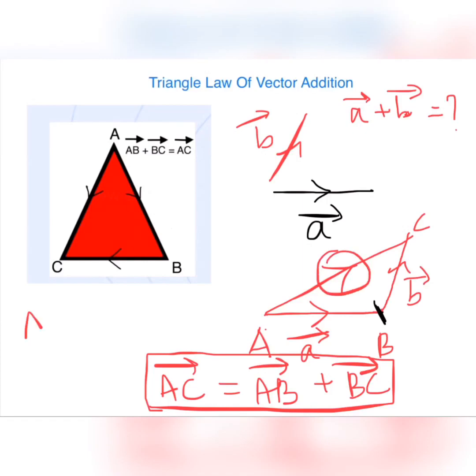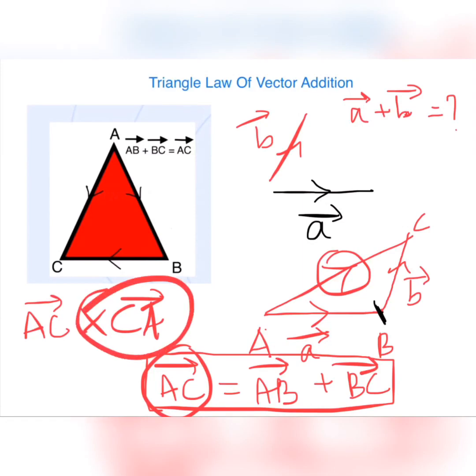We have to write this as vector AC and not as vector CA, because that would change the whole thing. We always have to see at which point the displacement starts and at which point it ends. Here the displacement starts at point A and ends at point C. Hence we write it as vector AC.